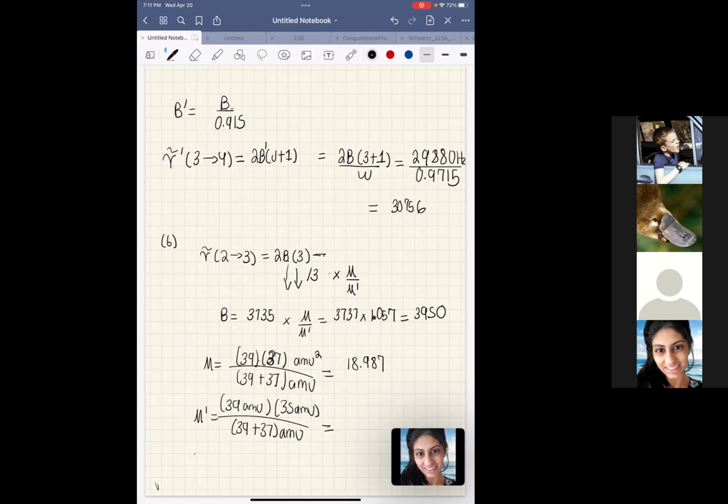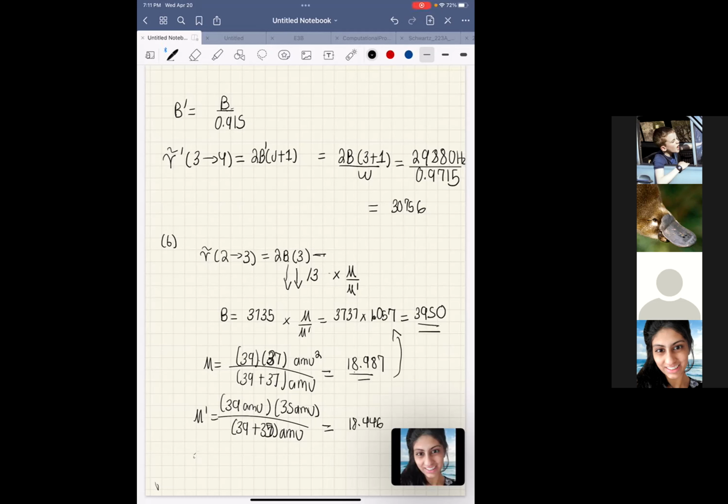The reduced mass should be this, right? Around 19. That's the old one, and the new one should be 18.446. When you divide that, you'll get this, and you can multiply it by this to get the new B value. Okay, that makes sense.